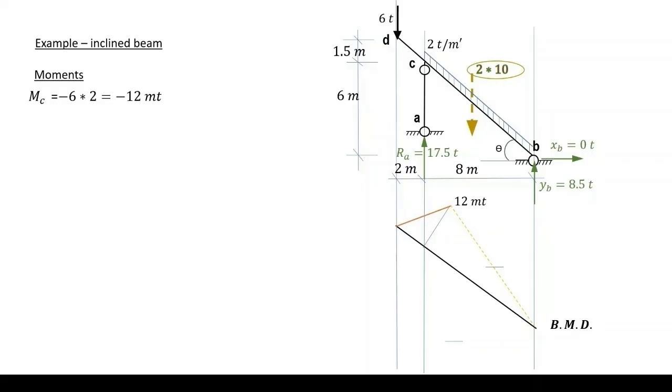Bending moment for the distributed load between C and B is a second order, and therefore we have the parabola WL(L')/8. WL is the resultant of the distributed load, 2 by 10.